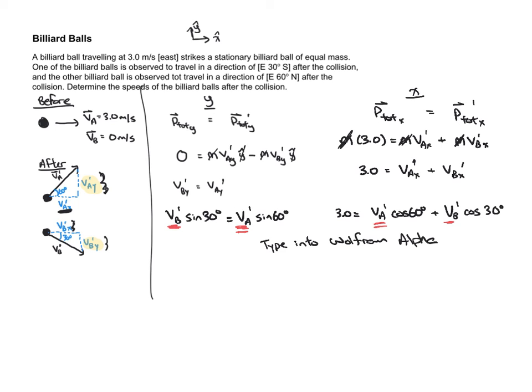And then I'm going to type the word and, A-N-D, to communicate to Wolfram Alpha I have a second equation coming up. And now I'm going to type 3.0 equals A times cos bracket 60, and then plus B times cos bracket 30. Okay, that looks good. I'll hit enter.